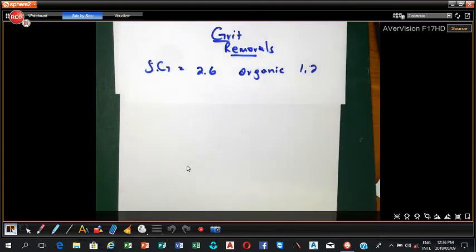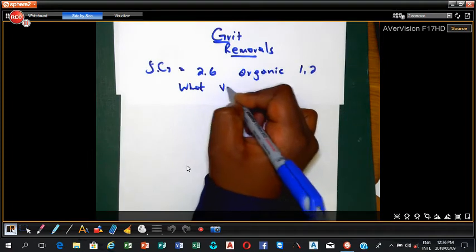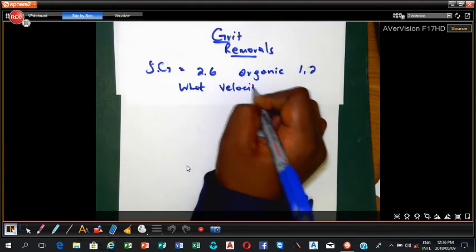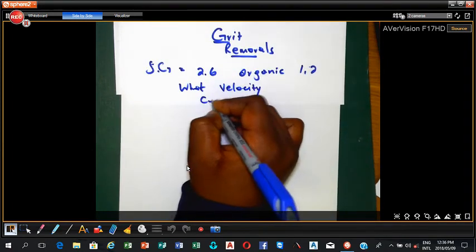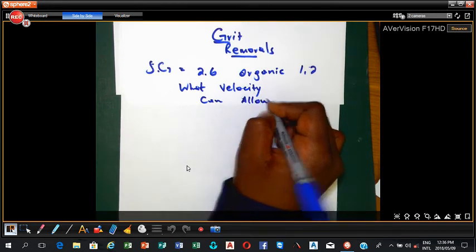Now here, what velocity can allow settlement?